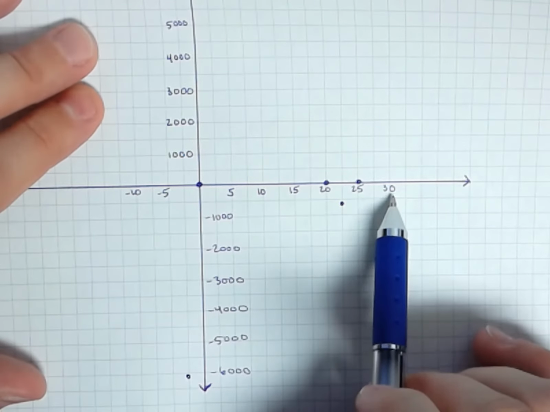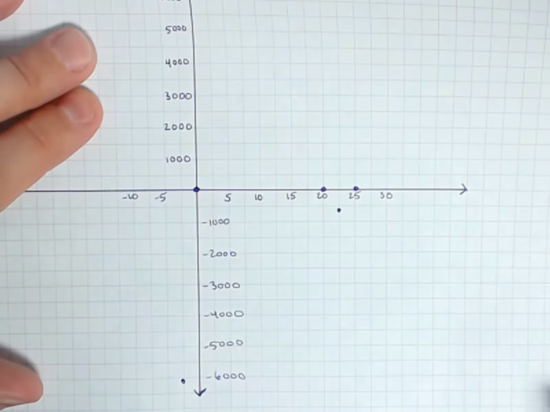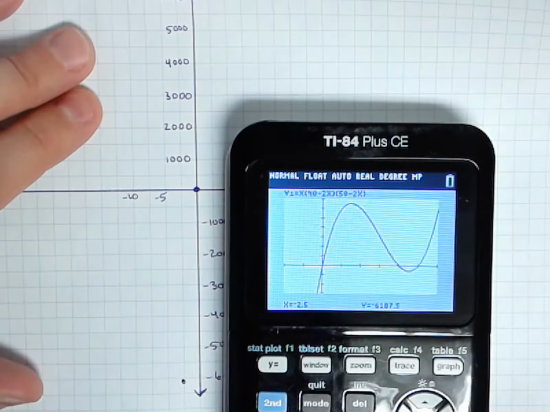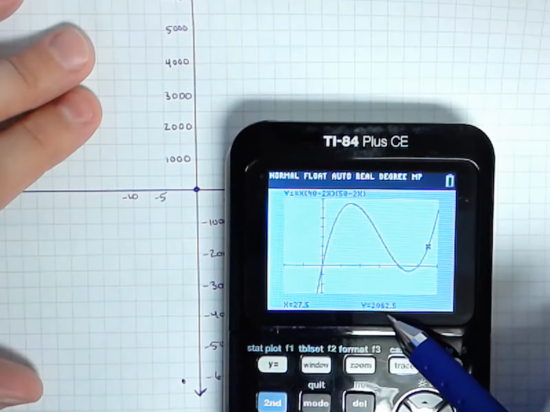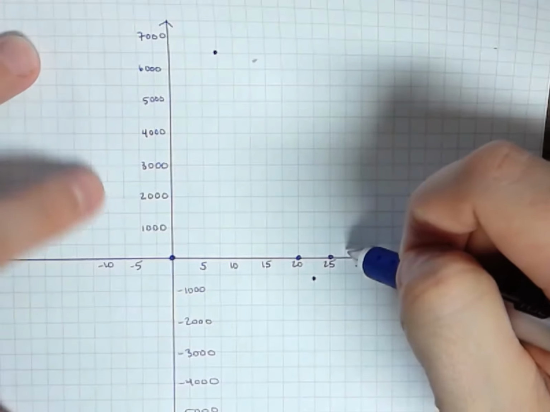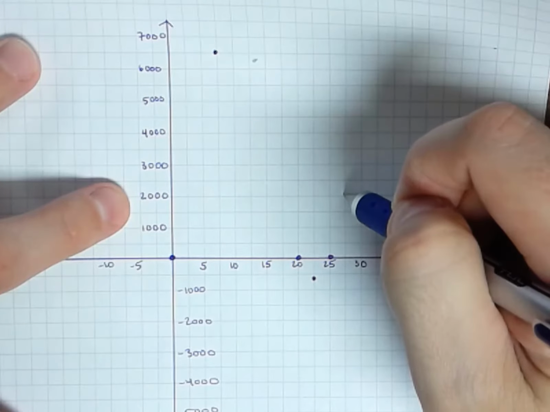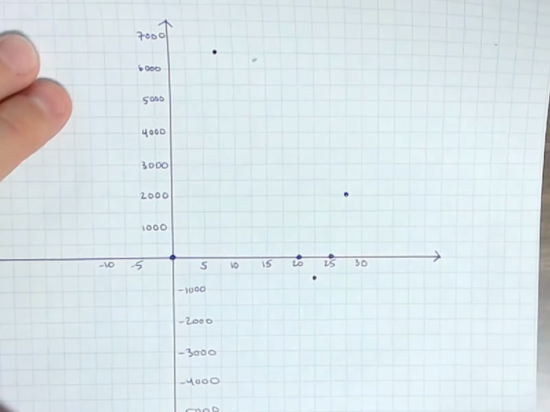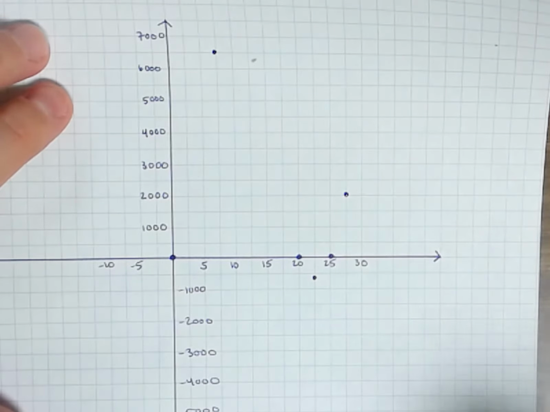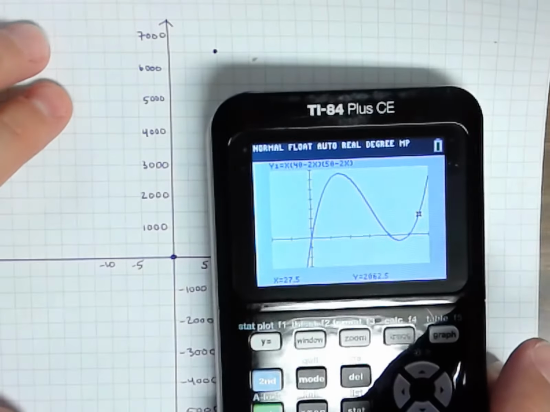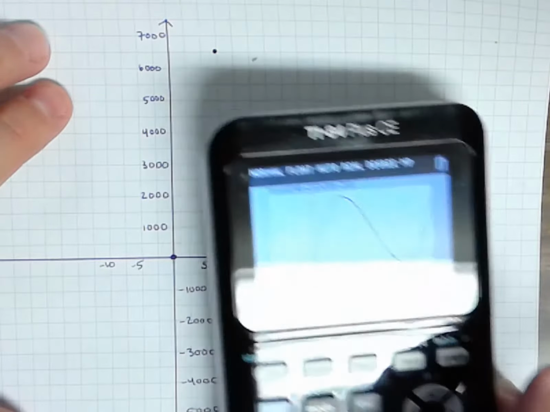And let's go out here to like 27.5. Let's see what our calculator says. So it's about 2,000. So 27.5, if I go about right there. Now I've got some points. And again, it's just a nice continuous curve, so I really don't need a lot of values in here.